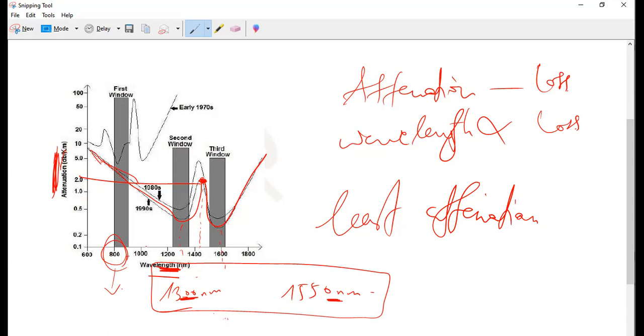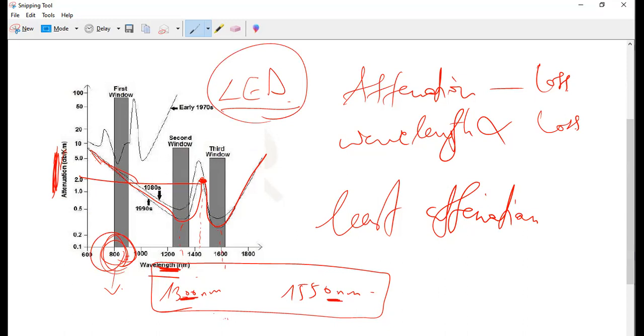Laser light, I think, is around 1.55. LED light, what are the characteristics of LED light? It is around 850 nanometers. Can you use LED light for transmission? Yes, you can transmit, but your communication system will not be efficient, because the light suffers more attenuation at 850 nanometers.